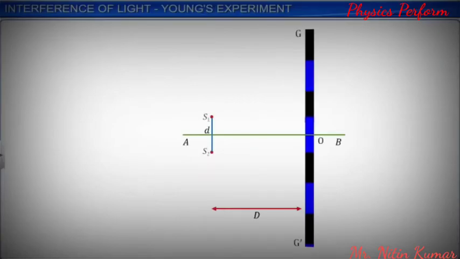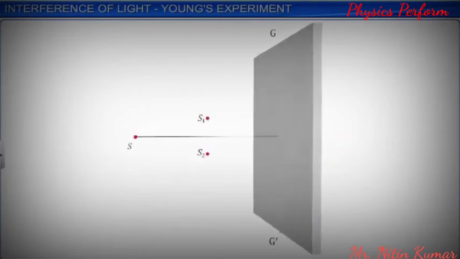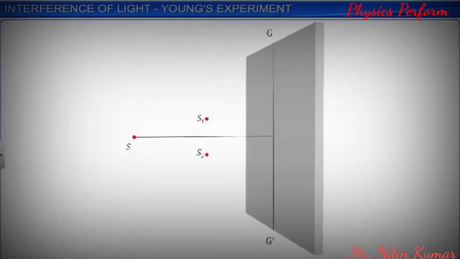If the central point O is considered to be equidistant from both the sources S1 and S2, then S1O is equal to S2O. This condition corresponds to the n equal to 0 condition for a bright fringe, and hence we will have a bright spot at O. Now consider a line on the screen that passes through the point O and is perpendicular to both the lines AB and GG'.